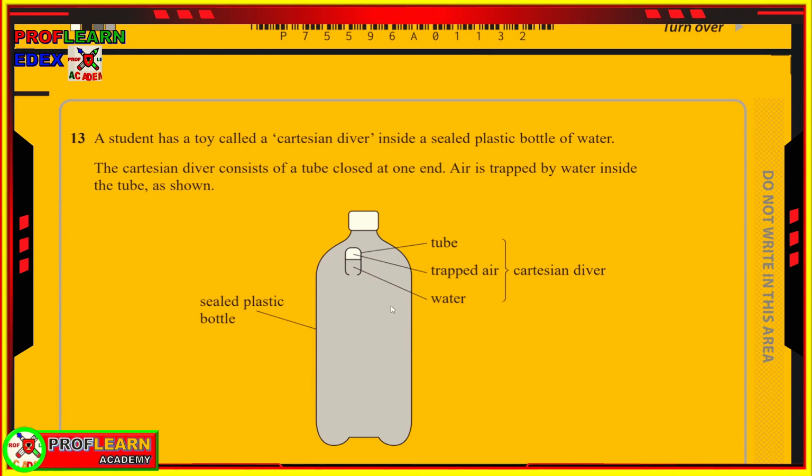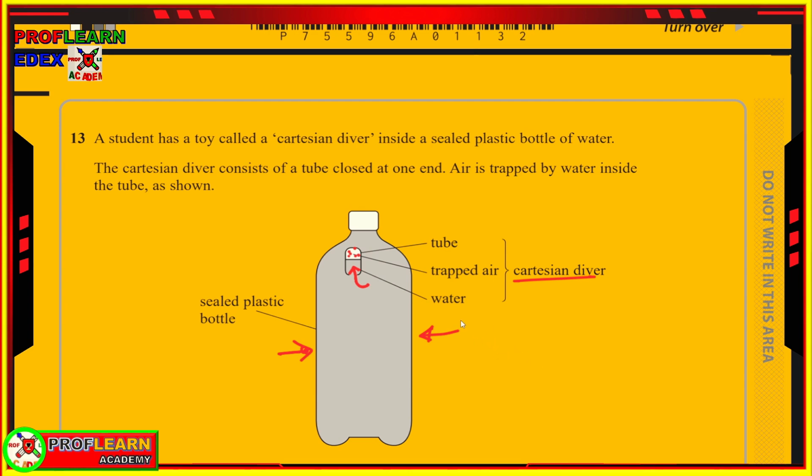Also in this question, we are given a tube, and this tube has some air inside here. When this is squeezed, when you press it, more water will get into the tube. And the moment there is more water in the tube, this tube, or this Cartesian diver, is going to have a greater weight, which is going to be more than the upthrust.